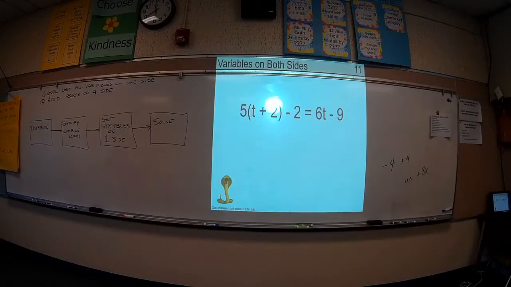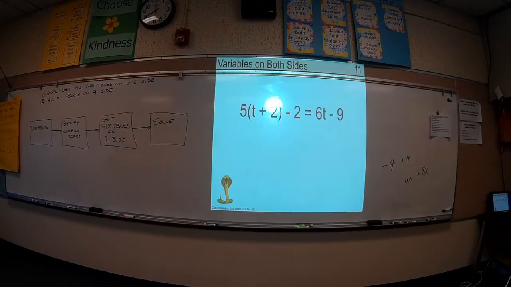It was the flow chart that kind of got you. Right here, you have 5t plus 10 minus 2. Before you start moving variables, simplify. The 10 minus 2 is an 8. So we'll have 5t plus 8 equals 6t minus 9. You could have done it your way, but it gets confusing.